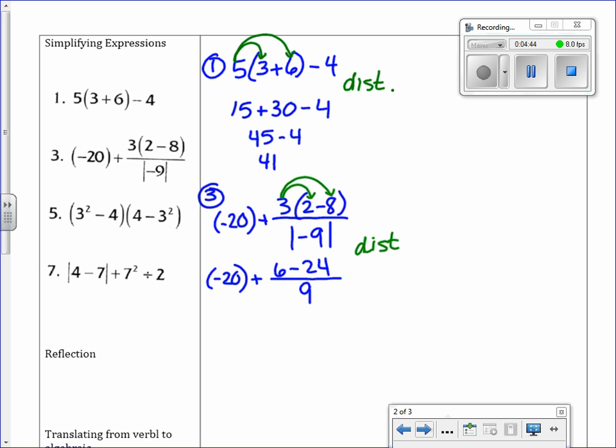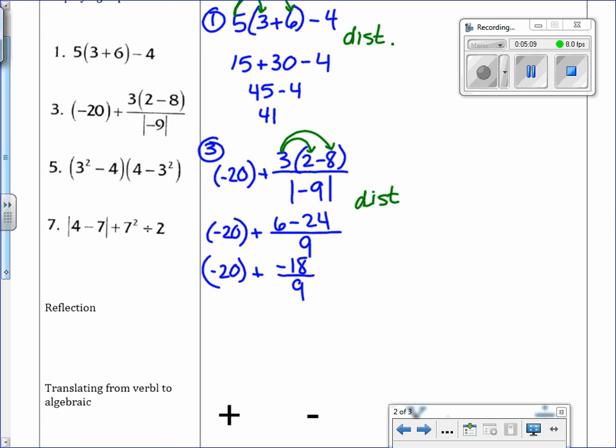Now 6 minus 24 is negative 18. So I'm going to rewrite it as negative 20 plus negative 18 over 9. Now I'm going to go ahead and do something a little bit different just so we can see how the property is being used when we solve this expression.